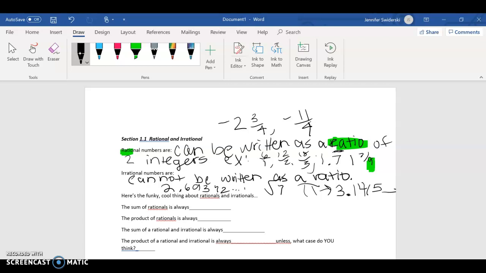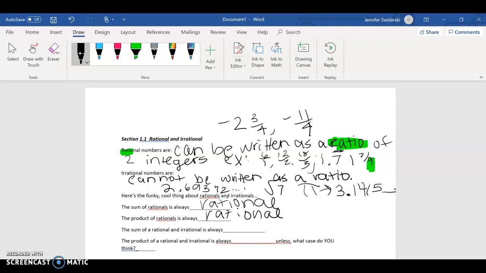So here's the really cool thing about rational and irrational numbers. The sum of rationals is always a rational number, which makes sense. If you can write a number as a ratio and you're adding two ratios together, it's going to be a rational number. Same thing with product or multiplying. The product of rationals is rational.